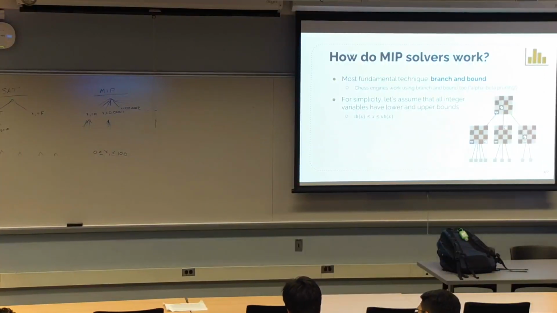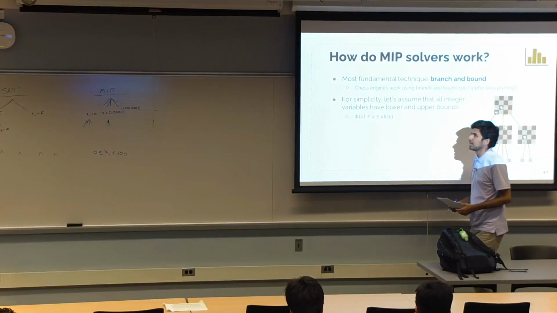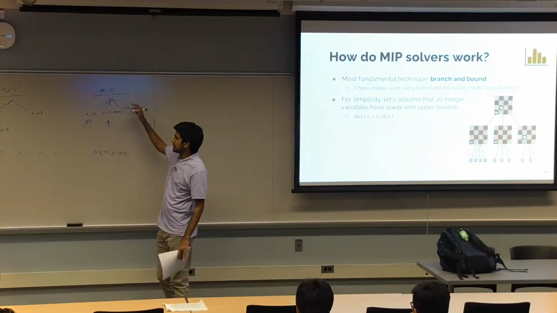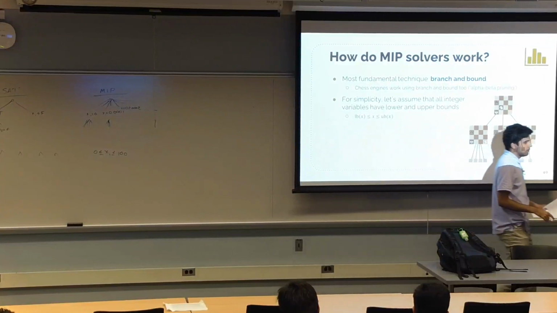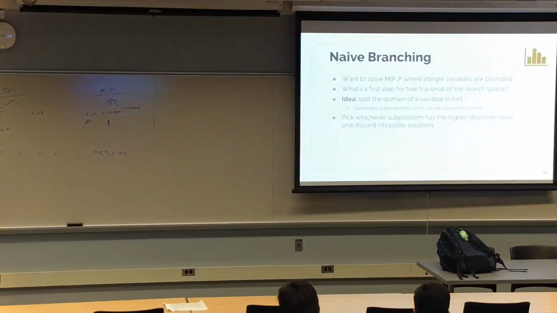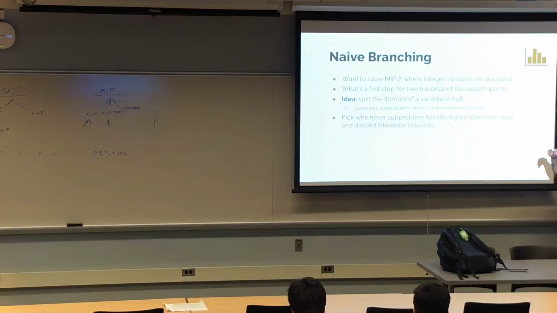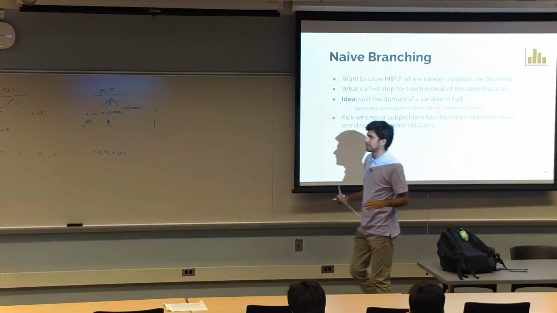So we'll still visualize things as a search tree, except now our decisions may not be just setting a variable equal to something, but instead bounding it in some way. We have this mixed integer program P, and now our decision will be splitting the domain of a variable.